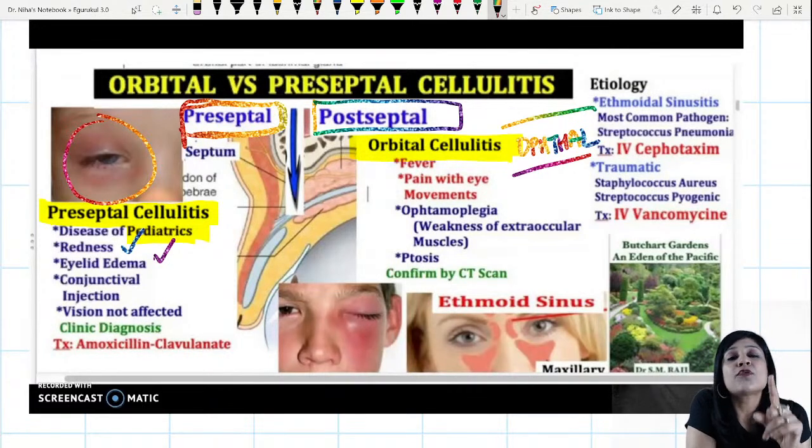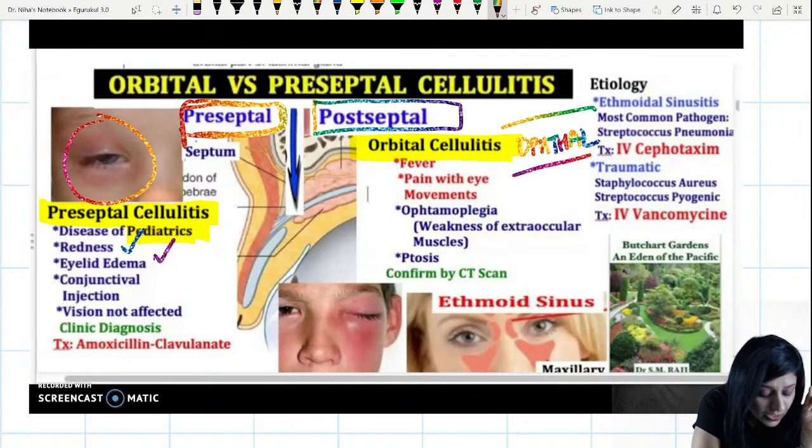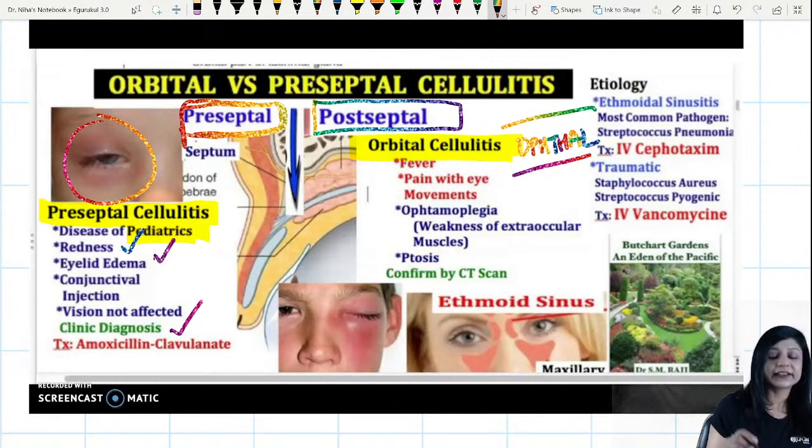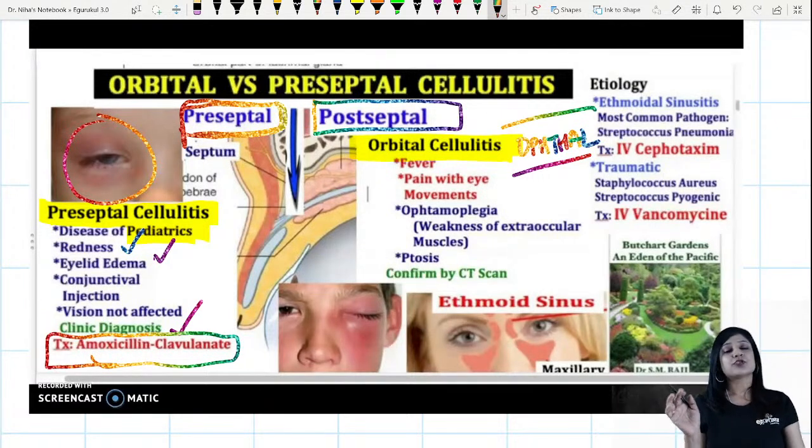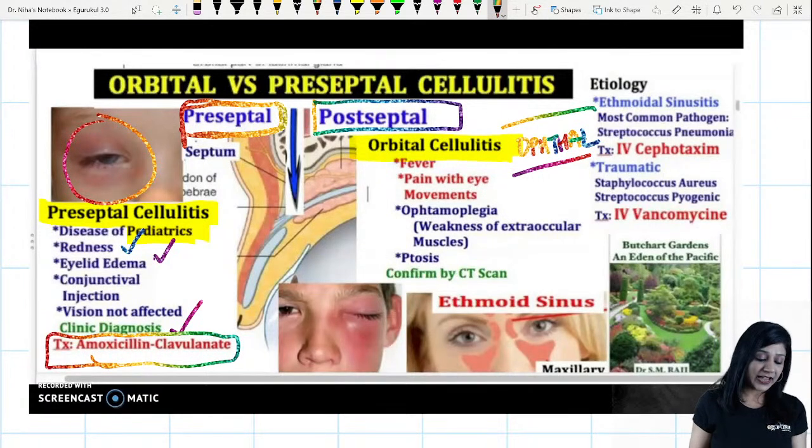You have to do something to rule out cavernous sinus thrombosis. For preseptal cellulitis, the diagnosis is clinical, so we do not require any investigations, X-ray, imaging, etc. The pediatricians just give amoxiclav and it is treated. So that is actually a pediatric diagnosis.